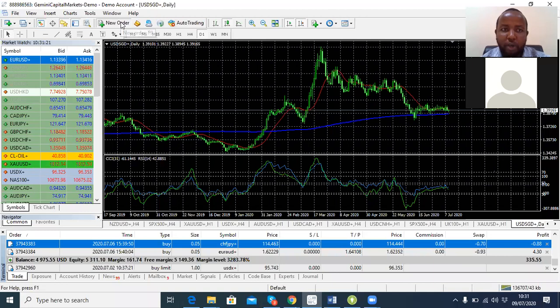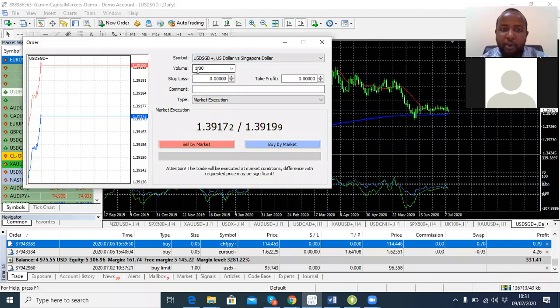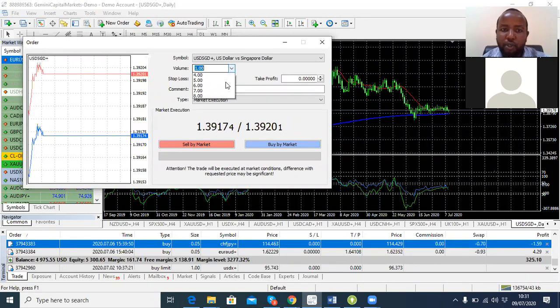If you have $1,000 and you're risking lot one, you're risking almost 50 or 100%. But if you're risking, say, 0.01, 0.02 or 0.03, you're only risking 2 or 3% of that account for every trade.